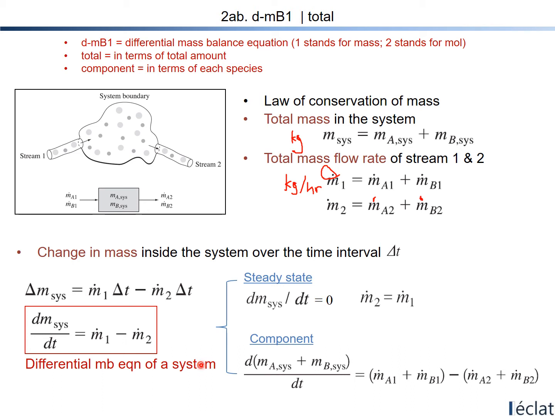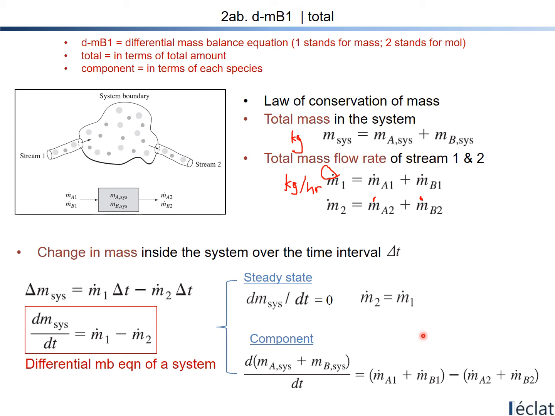Let me think about a more specific situation. At steady state, dm system over dt goes to 0, so input is equal to output. Again, the mass flow rate of output is equal to the mass flow rate of input.